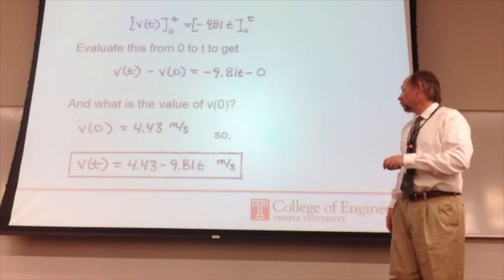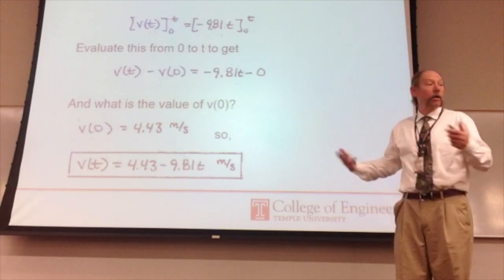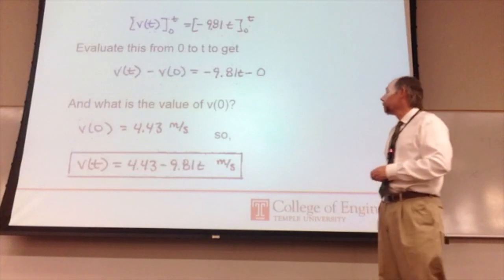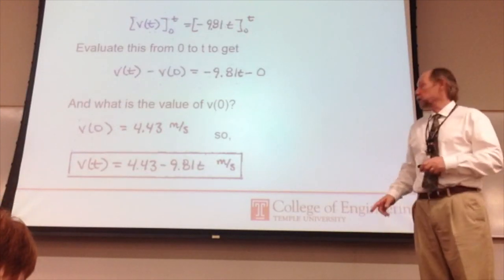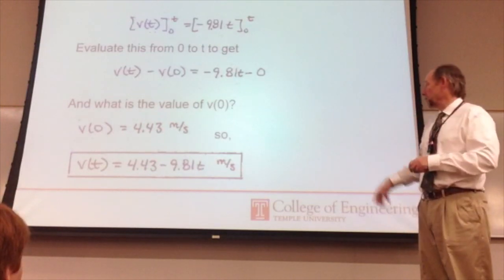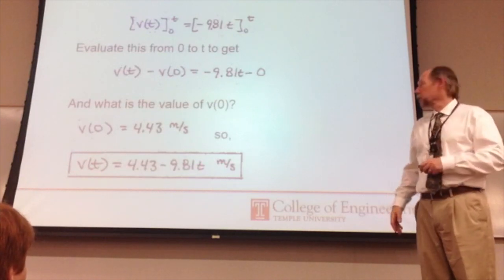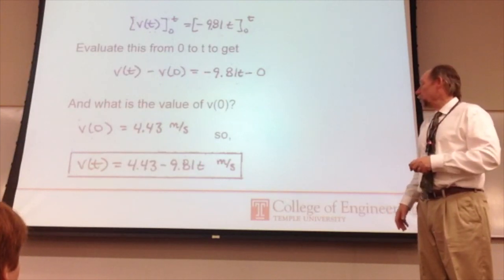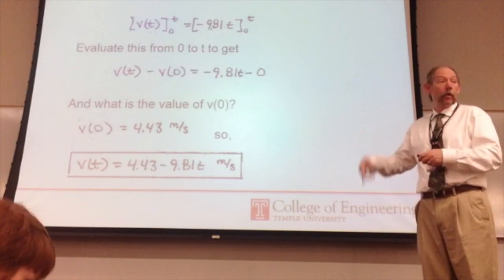So again, as you plug in these times, and they could certainly be decimal, you could do this in tenths of a second or hundredths of a second or milliseconds, and develop a very nice curve of what velocity looks like. It's going to go from 4.43 to 0 over some amount of time, looks like maybe half a second, and then it will increase again until it reaches some maximum or hits the ground.